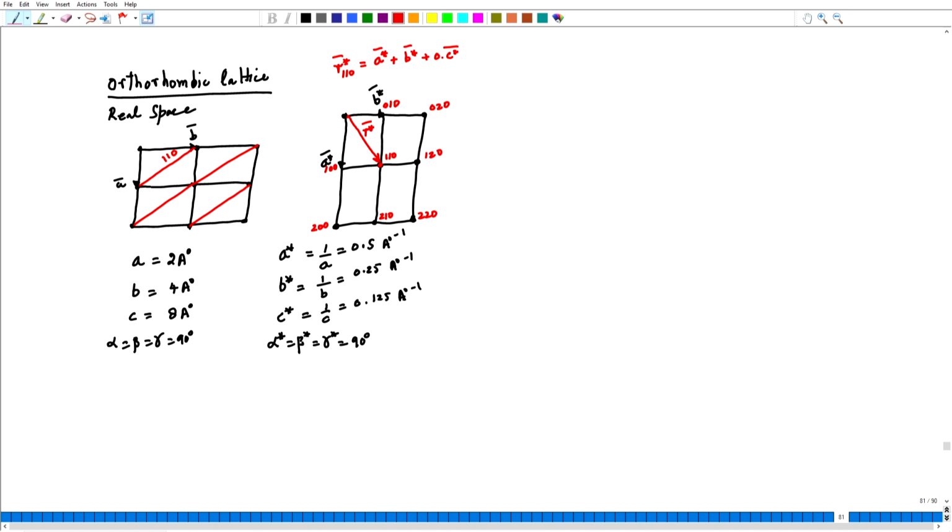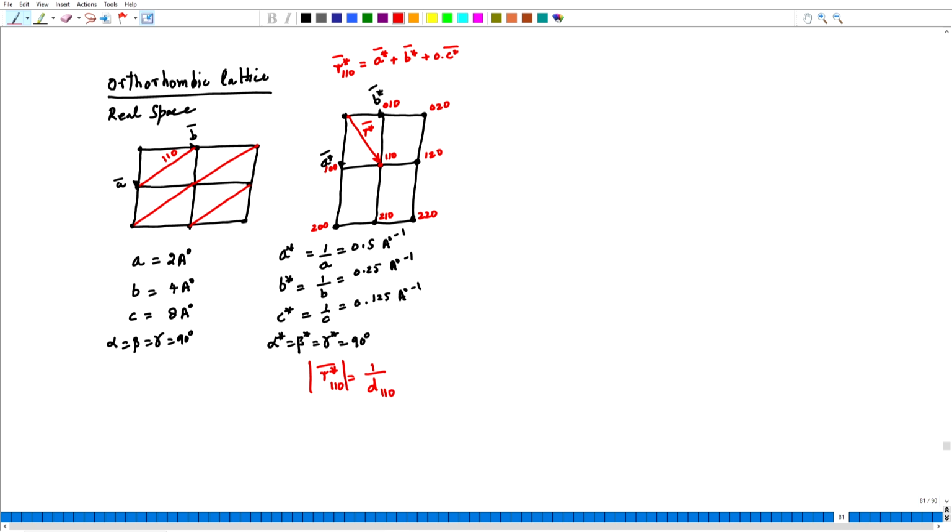The R star vector is perpendicular to the 1 1 0 plane, and its magnitude is the reciprocal of the interplanar spacing of the 1 1 0 plane. So, the magnitude of R star 1 1 0 is equal to 1 upon d 1 1 0.